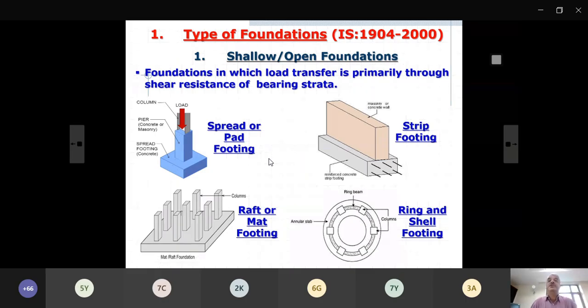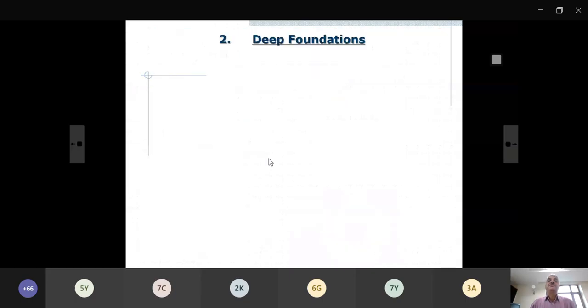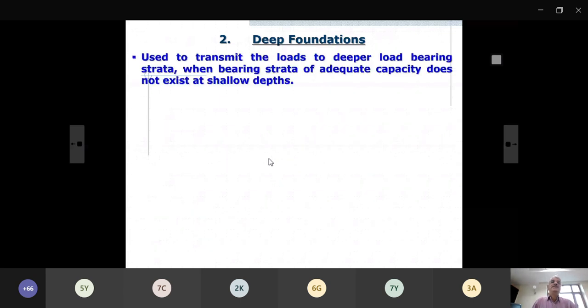I'm not going into detail because you are all fresh from colleges. Another type of footing is known as deep foundations, where the capacity of the strata to take the load at shallow depth is not adequate. Then you go for deep footings, and they are used to transmit the loads to deeper load bearing strata when bearing strata of adequate capacity does not exist at shallow depth.